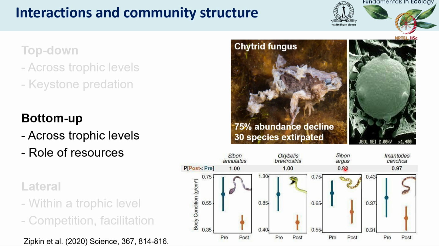And you can see in all of these species, body condition before is higher than body condition after chytrid fungus hits. So body condition, measured as mass to surface area ratio, declines for these snake species that are dependent on these amphibians.